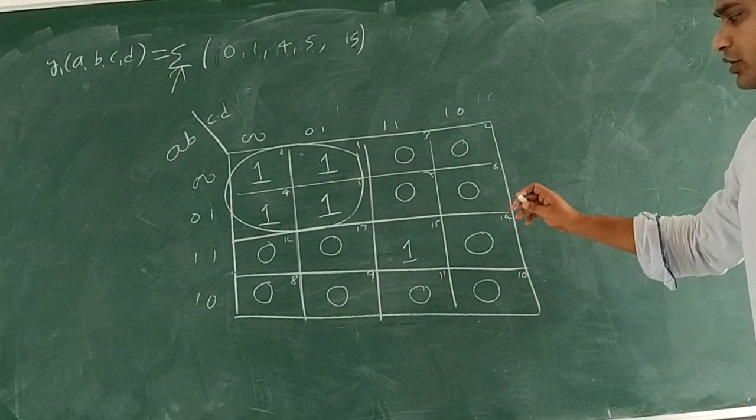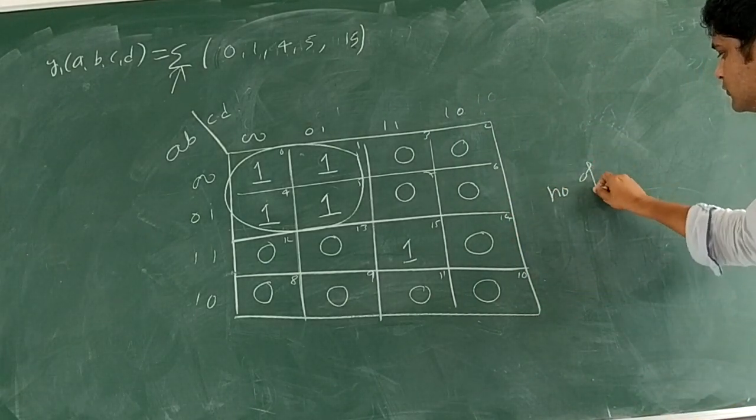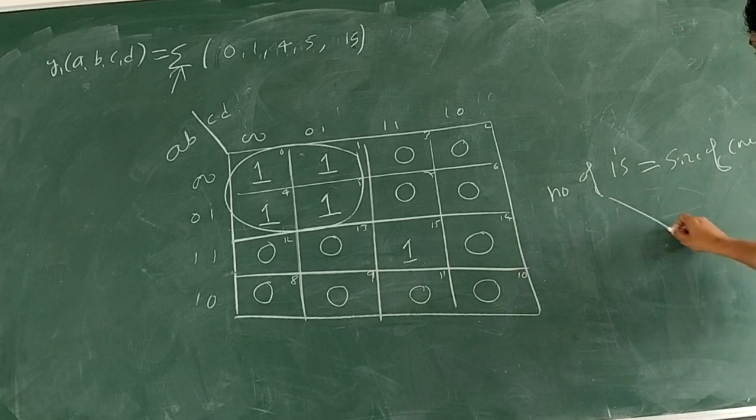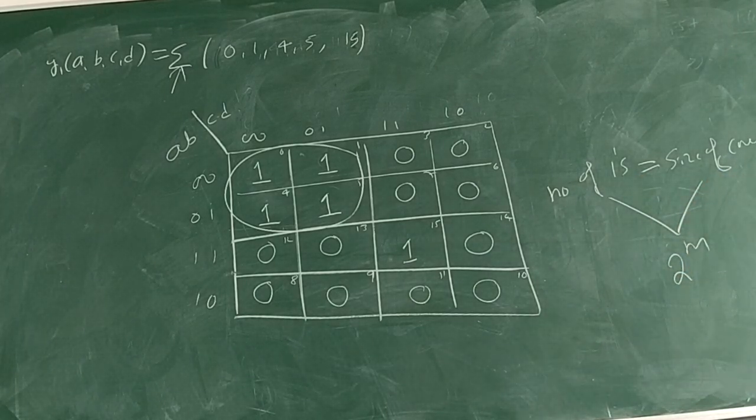Because the number of ones, the size of the cover, is equal to 2 raised to m. Here the number of ones inside a cover, or size of cover, should be 2 raised to m.